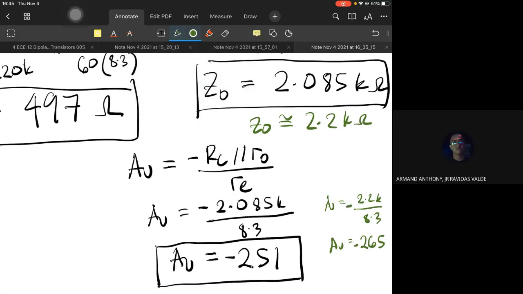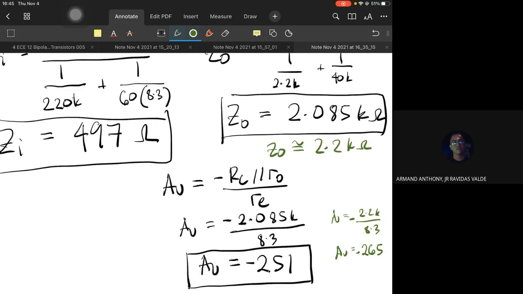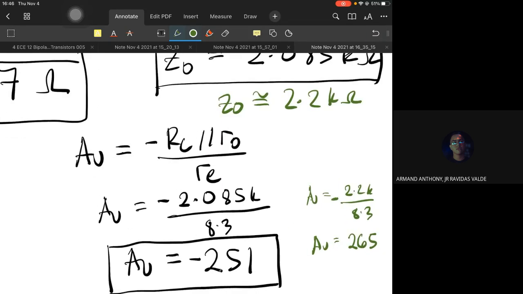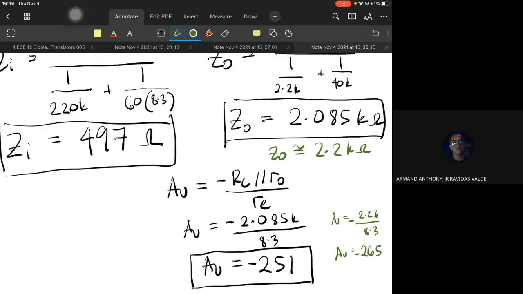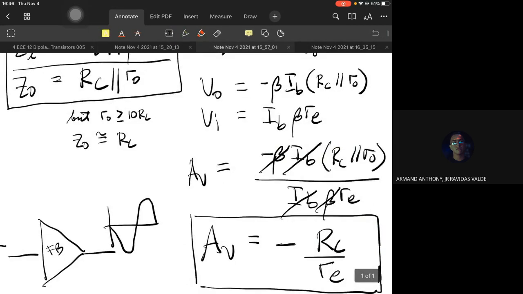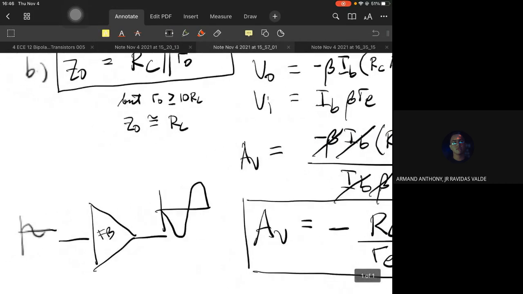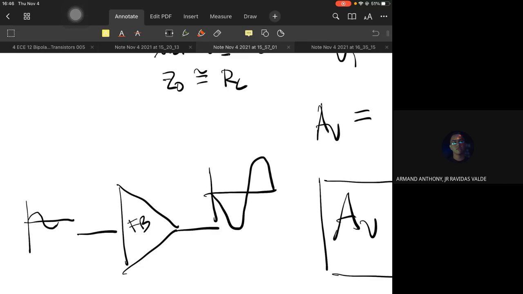But sir, I'm just curious, sir. Di ba siya counterintuitive na? Gain siya pero negative yung value. As I illustrated earlier, when we say negative gain sa amplifier, ang pasabot lang is ma-invert lang ang sign.